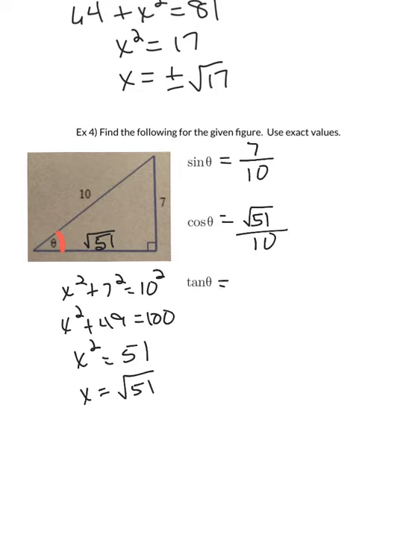For the tangent, we want the opposite, which was the 7, over the adjacent, which is the square root of 51. You may leave it in that form, or you may rationalize it and write it as 7 square root of 51 over 51.